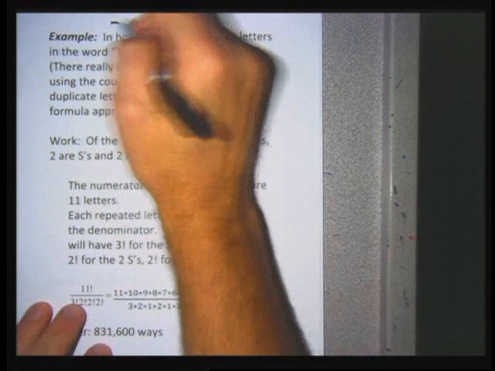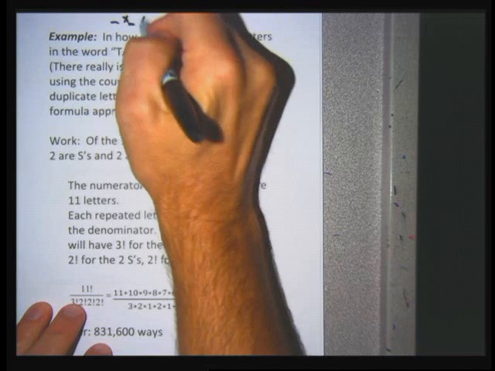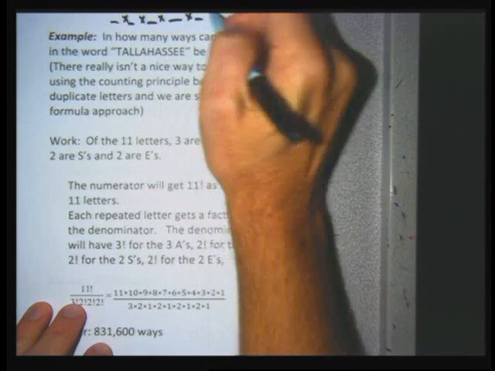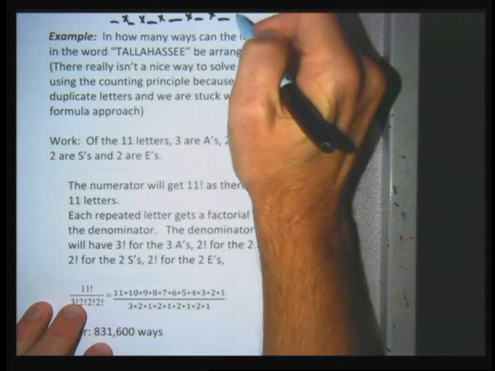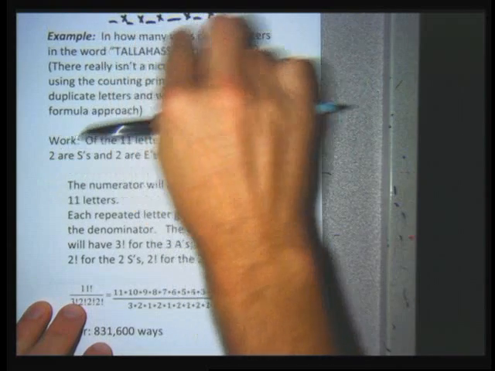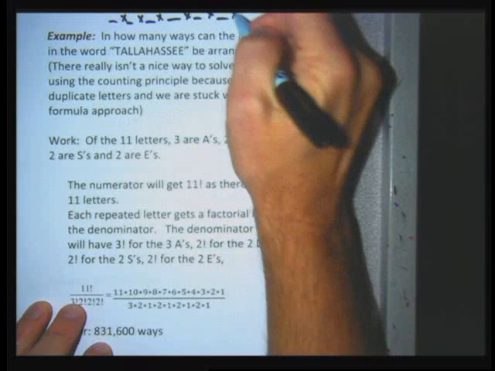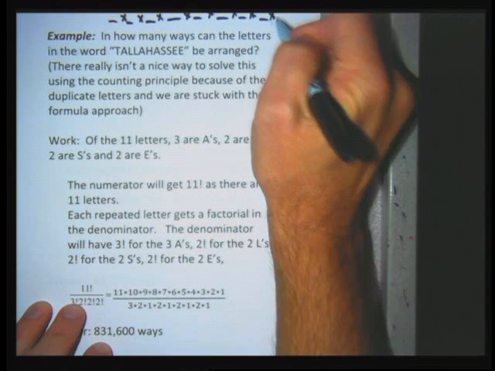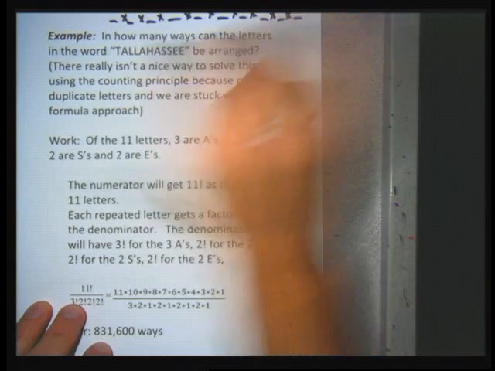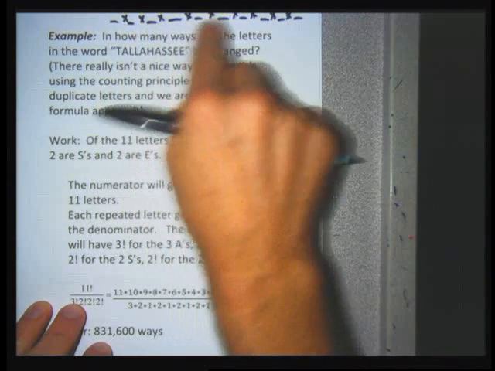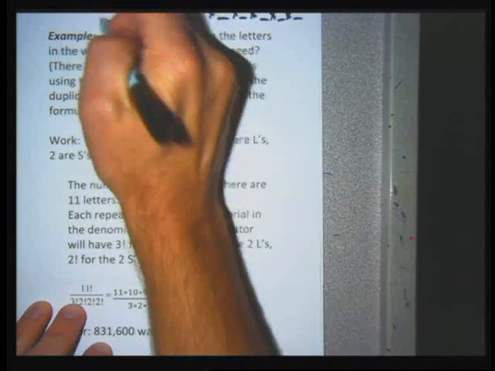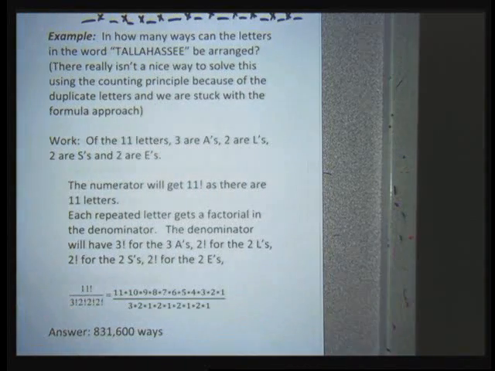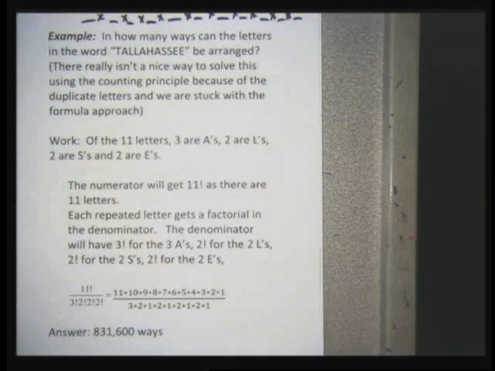I can't just make 11 dashes, because it's going to way overcount, since there are duplicates. So I can't use the counting principle. What this problem is asking is: how many different 11 letter arrangements are there in the word Tallahassee?